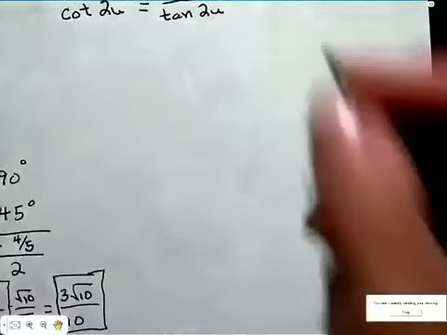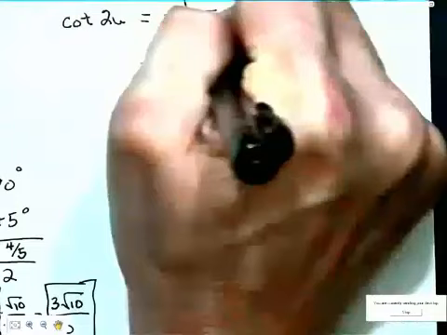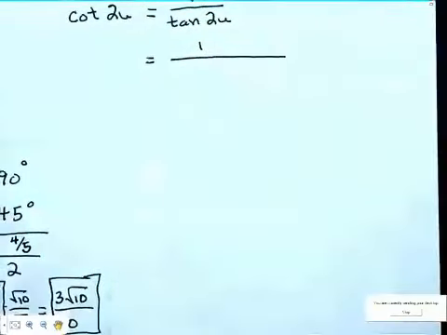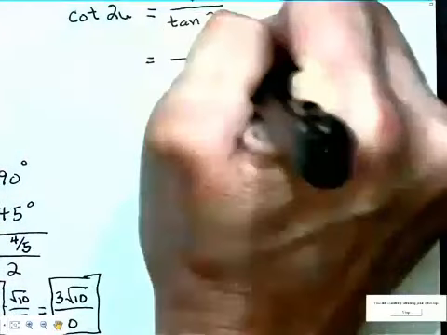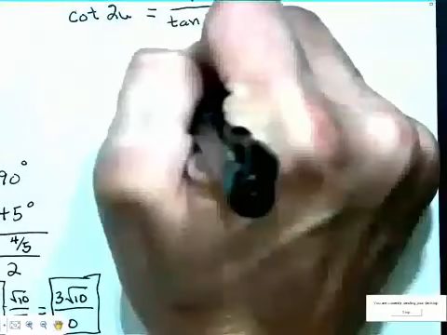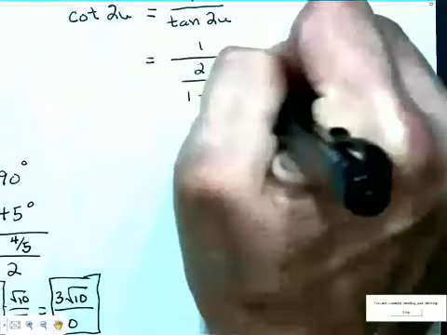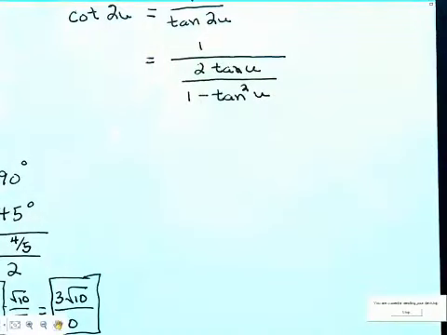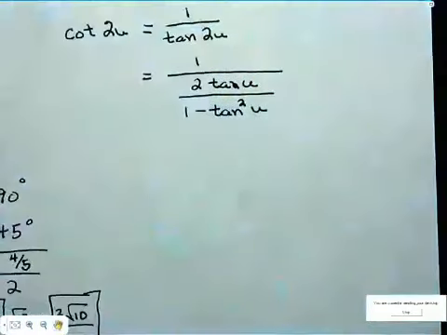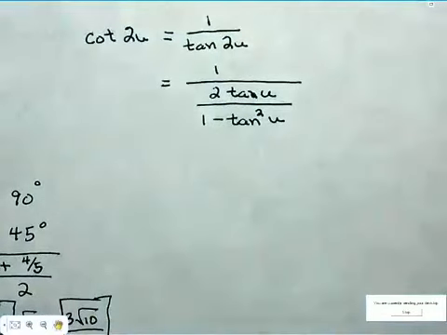So that's 1 over tangent 2u is 2 tangent u over 1 minus tangent squared u. Then what?